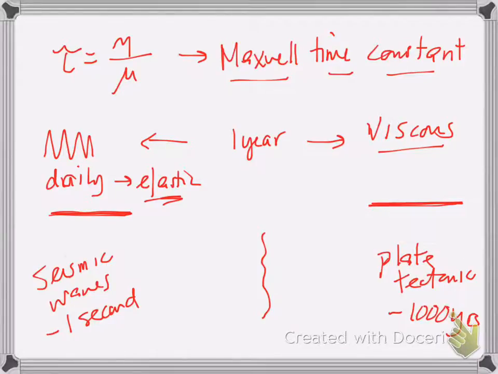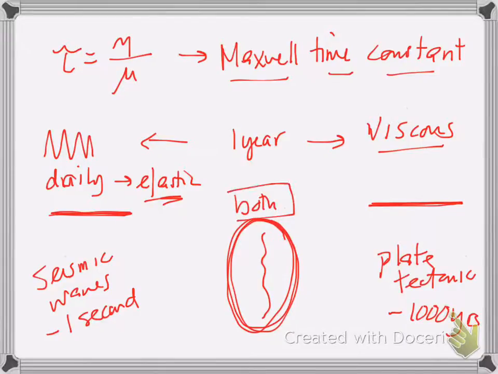You need to be very careful to be clear what those assumptions are and how far you are from that Maxwell time constant, because anything that's happening in the middle here near the Maxwell time constant, you probably need to include both elastic and viscous.